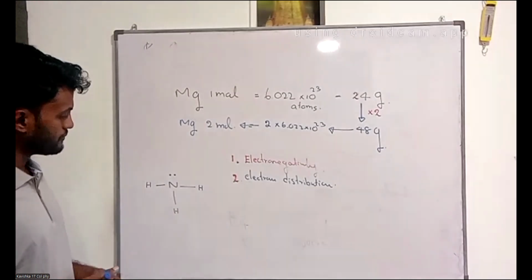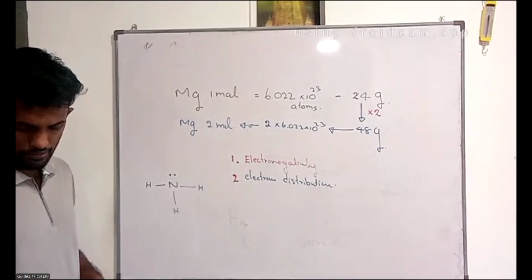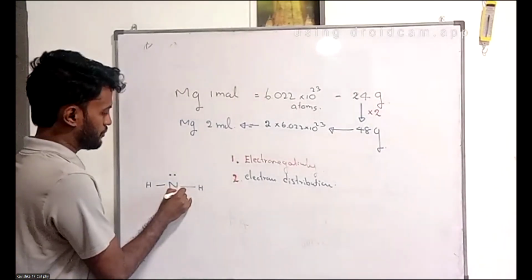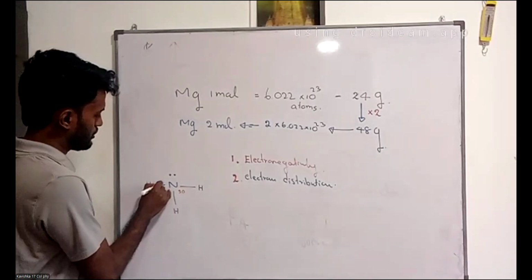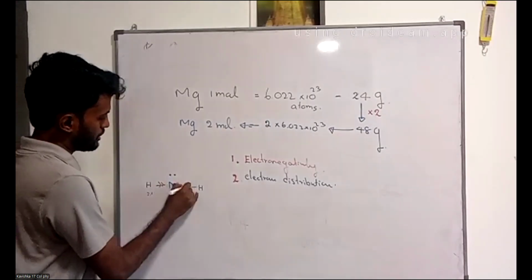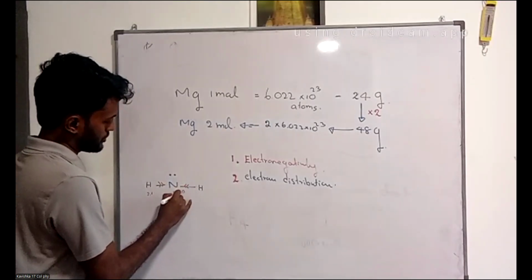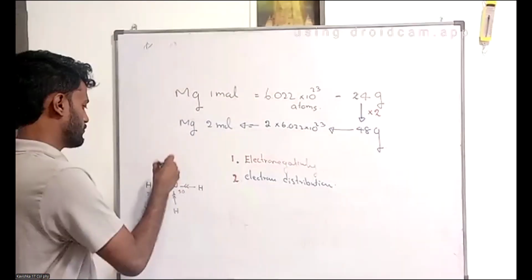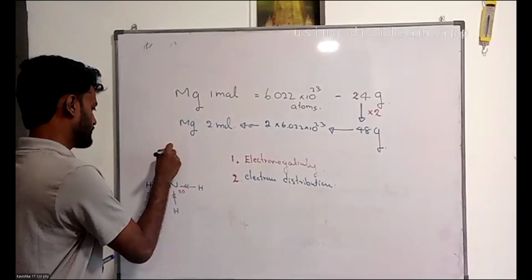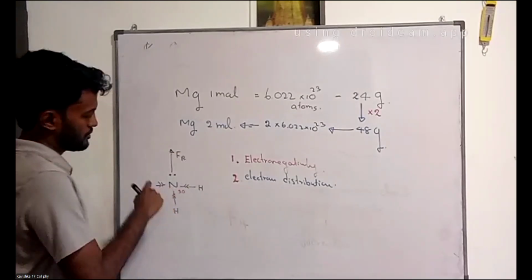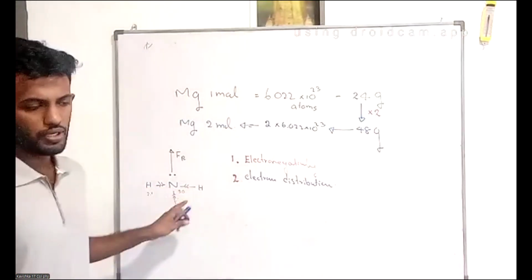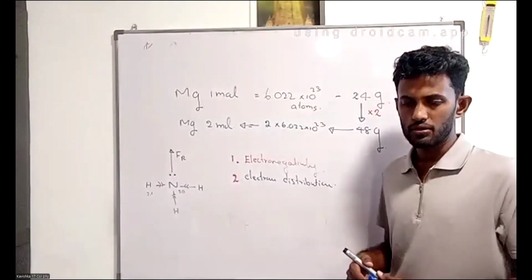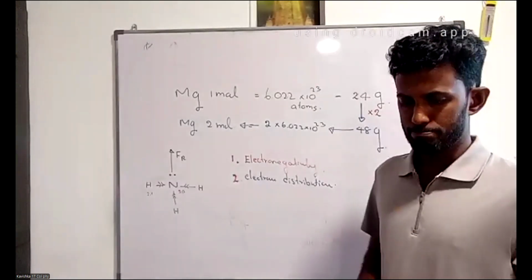Then nitrogen has the higher electronegativity, about 3.0, and here 2.1. So bonded electrons are attracted towards nitrogen, and there is a resultant force upwards. So NH3, no issue, this is a polarized molecule.